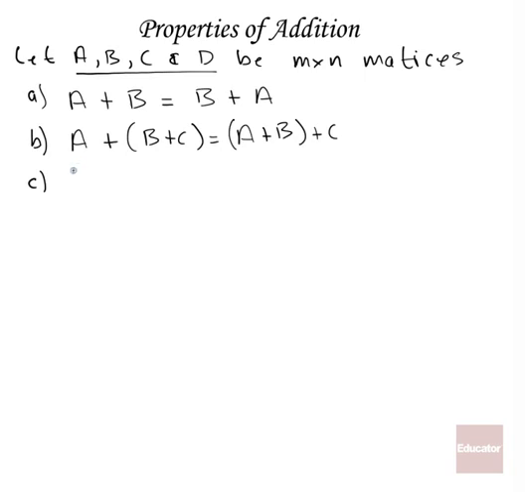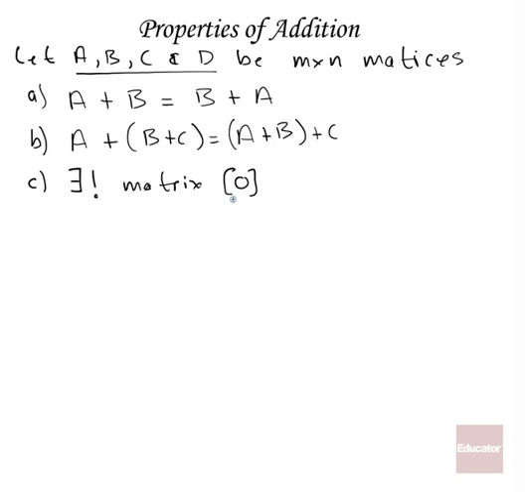Okay, I'm going to introduce a new symbol here. It's a little bit of shorthand. It's a reverse E with an exclamation point. It means there is a unique. So that means there is one. So there is a unique matrix, 0, and I'm going to put a little bracket around it to make sure that this is the symbol for the 0 matrix, which consists of all entries that are 0.